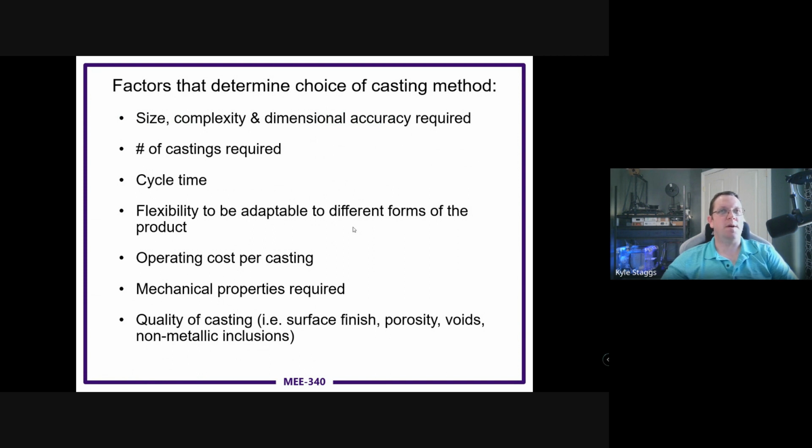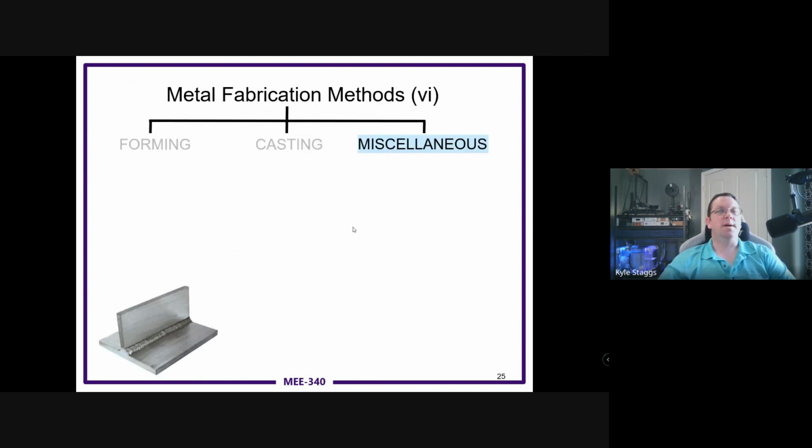The cycle time or the amount, the volume needed, all of those sorts of things go into this. The flexibility to be adapted to different forms is also going to be important. Operating cost per casting, so the mechanical properties, and then the quality of the casting, surface finish, porosity, voids, etc. All those things are also important.